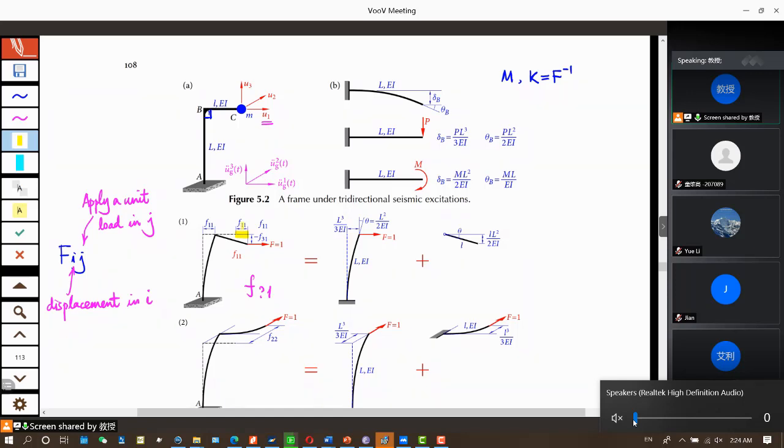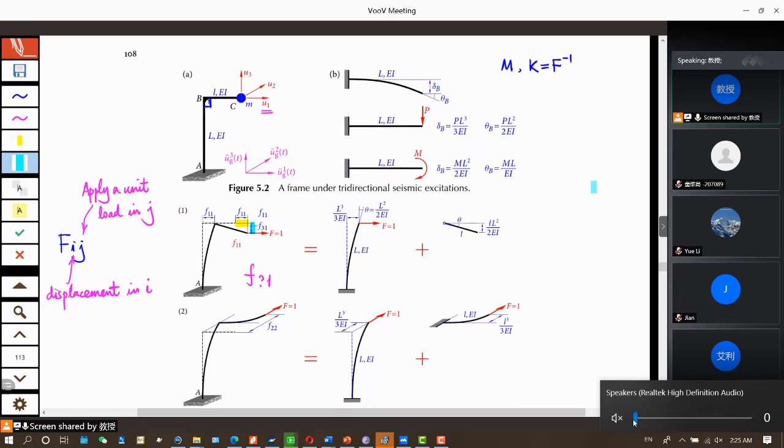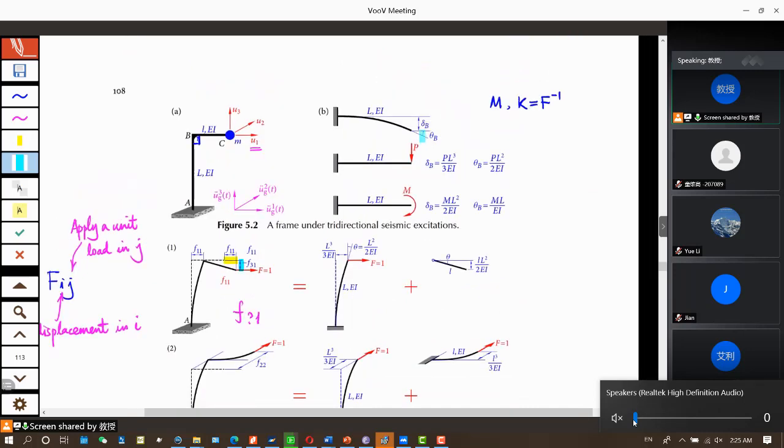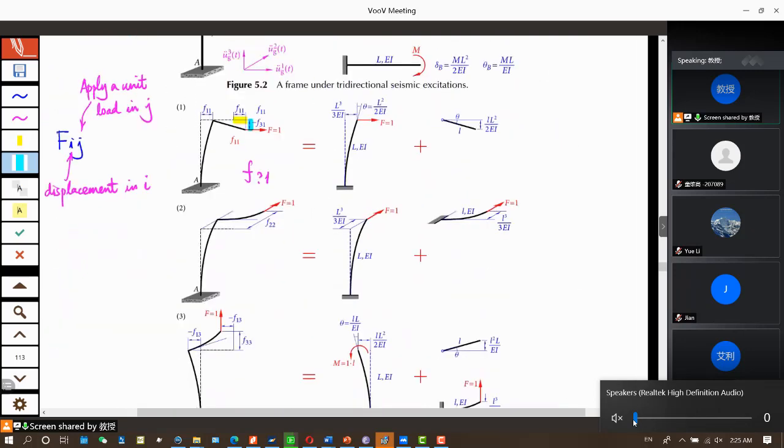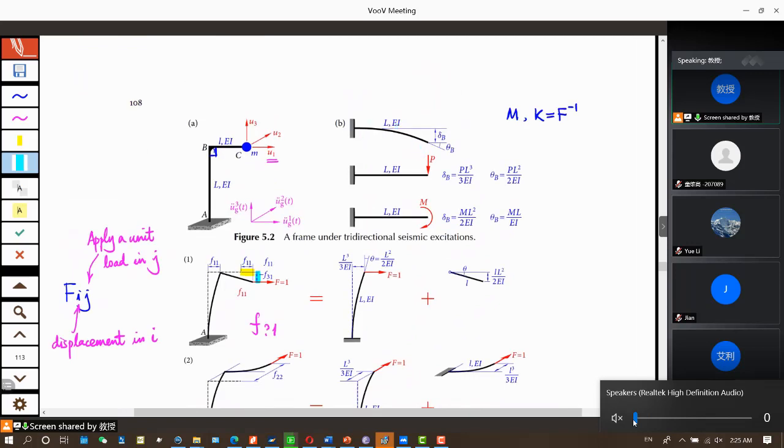now we use the beam formulas. If you have a cantilever beam and you apply point load P, it gives you the deflection delta B and theta B, the rotation. If you have an end moment, the deflection and rotation. Now this is the same as we have the force applied here.